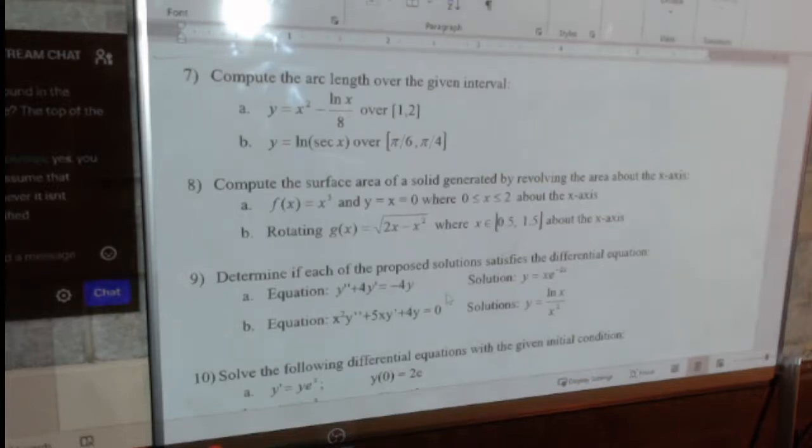You should also expect at least one differential equation of each type. So at least one separable and one integrating factor. I may include an application.